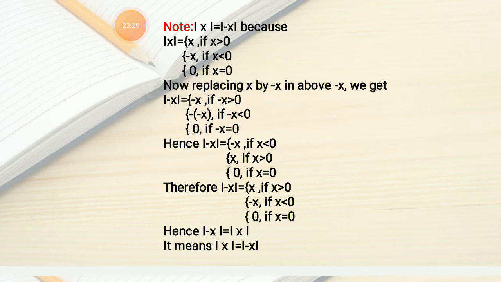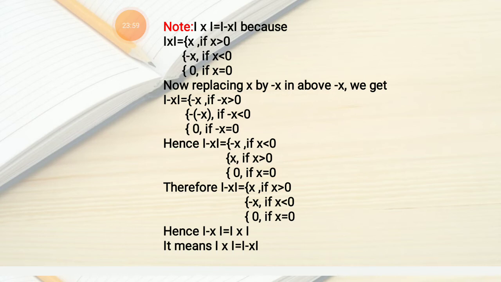Hence mod of minus x equal to minus x if minus x is positive, means minus of minus x is negative, means x negative. So mod minus x equal to minus x if x is negative, minus of minus x means x if minus x negative, means x positive, and 0 if minus x is 0, means 0 if x equal to 0. Therefore mod minus x equal to x if x is positive, minus x if x is negative, 0 if x equal to 0.